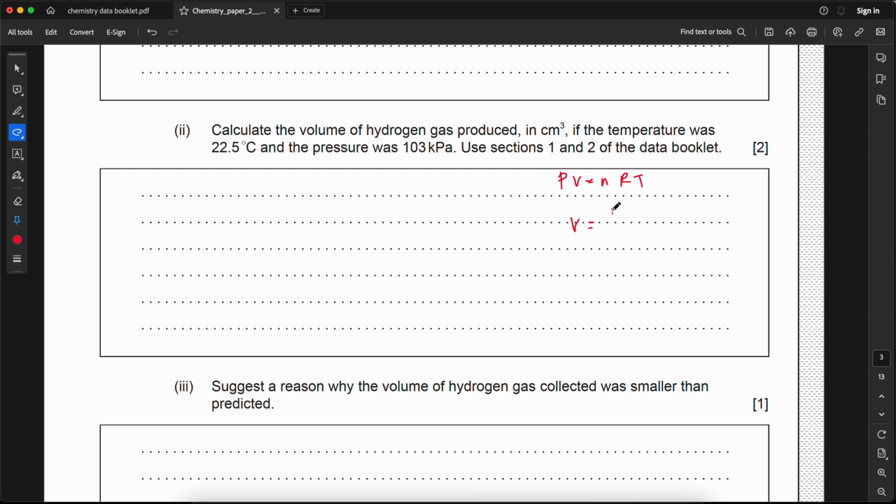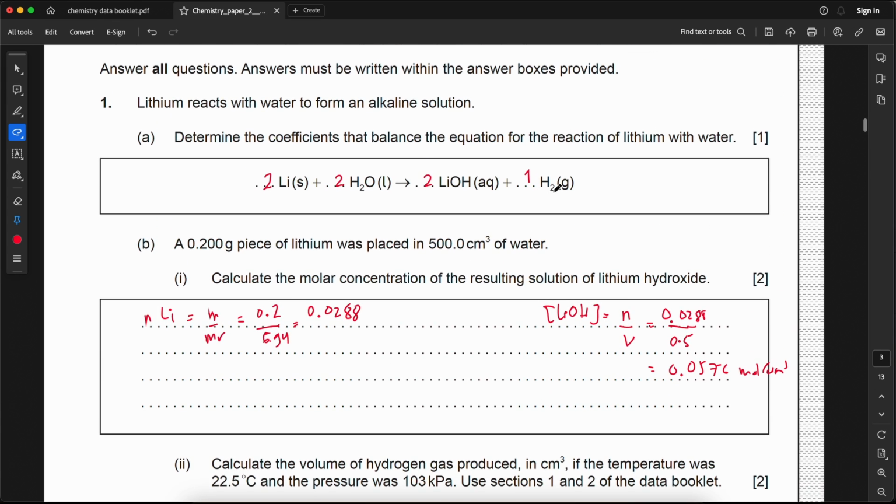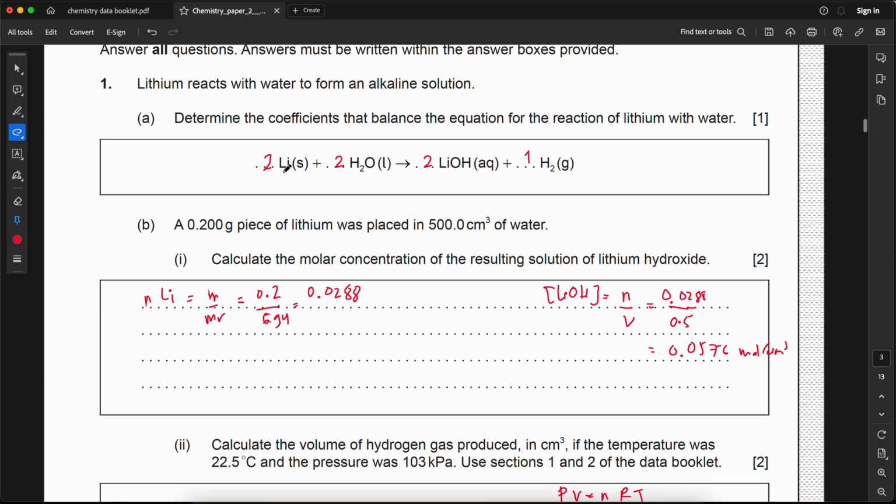That would be nRT divided by P. We have R, the gas constant, and we have the temperature and the pressure, but we don't have the mole. It's hydrogen gas. As we can see here, hydrogen gas has coefficient 1, but for Li the coefficient is 2.